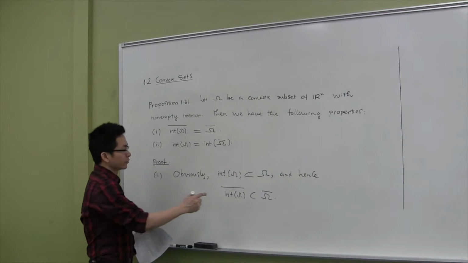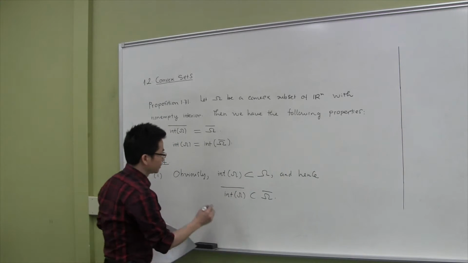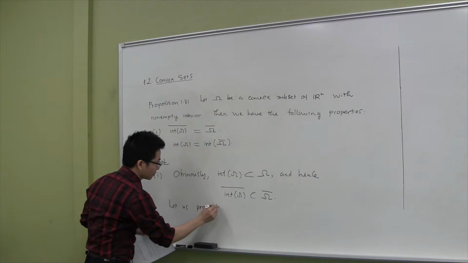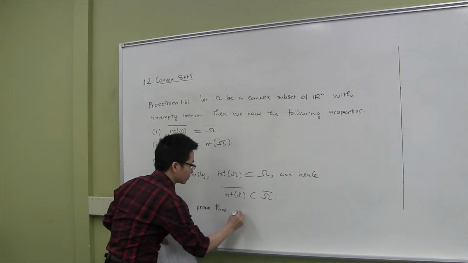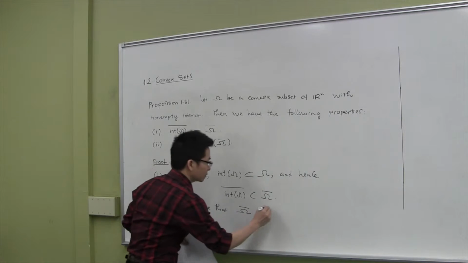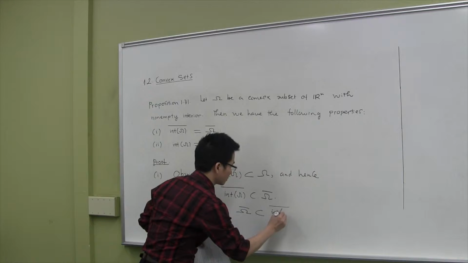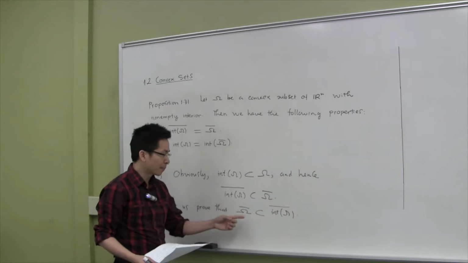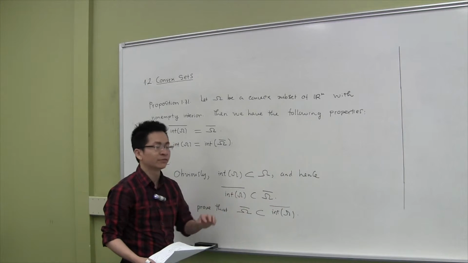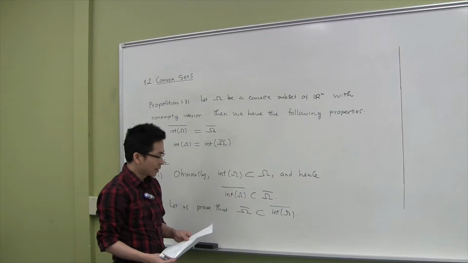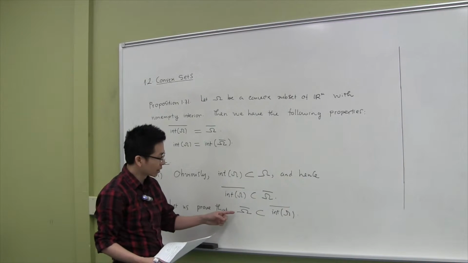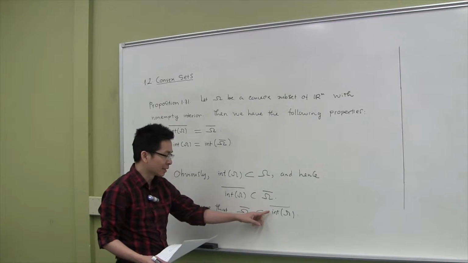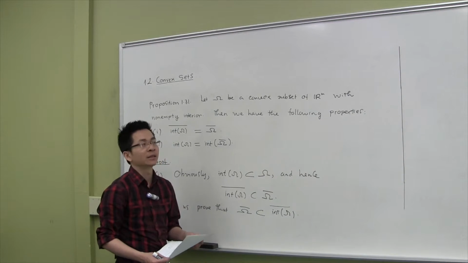Let us now prove the opposite inclusion. We're going to show that the closure of omega is a subset of the closure of the interior of omega. To achieve this, we take an arbitrary element of the closure of omega, and then show that it is in the closure of the interior of omega.